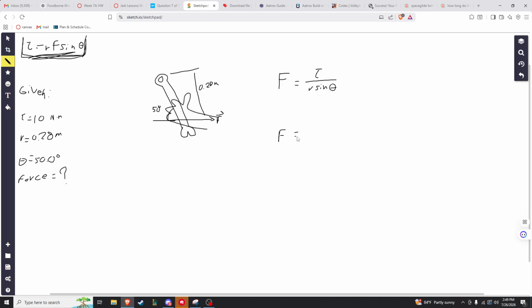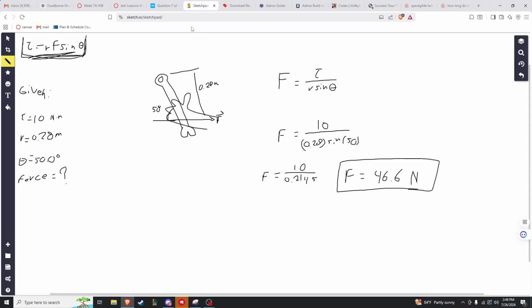F is equal to 10 newton meters over R, 0.28 meters, times sine of 50 degrees. This comes out to F equals 10 over 0.2145, which ultimately equals 46.6 newtons. This is the force, in SI units, newtons.